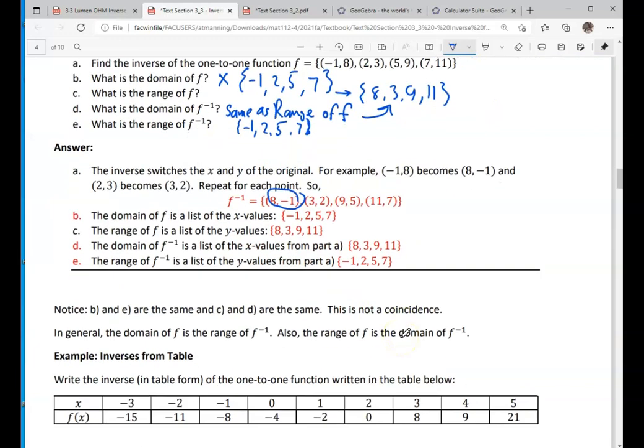So, in general, the input of f, or the domain of f, becomes the output, the range of f inverse. Basically f inverse gets you back to what originally was fed to f. F's range becomes the input to f inverse, so the output of f becomes the input to f inverse, and f inverse's output takes you back to the original input.